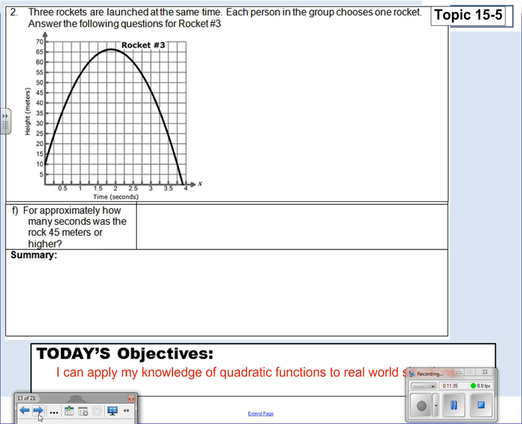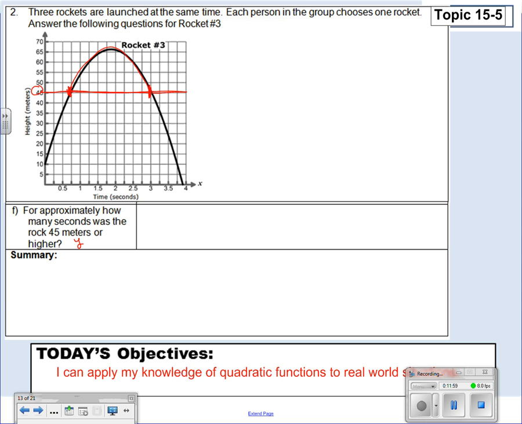And last, for approximately how many seconds was the rocket 45 meters or higher? So 45 meters or higher, we're talking about y values. Let's go to 45 meters on the y. I want 45 meters or higher, so we're talking from this point, where it's higher than 45, to this point.